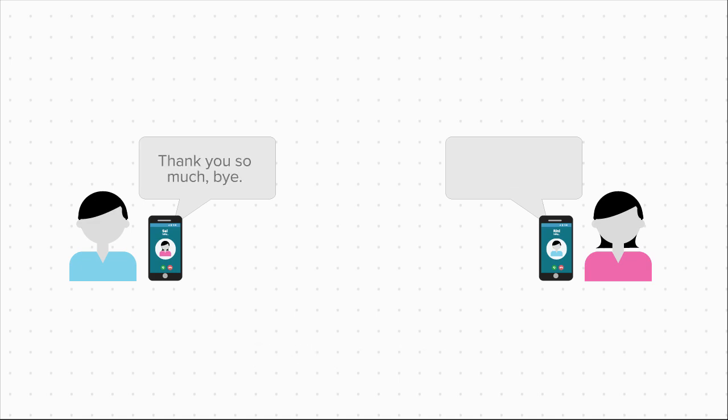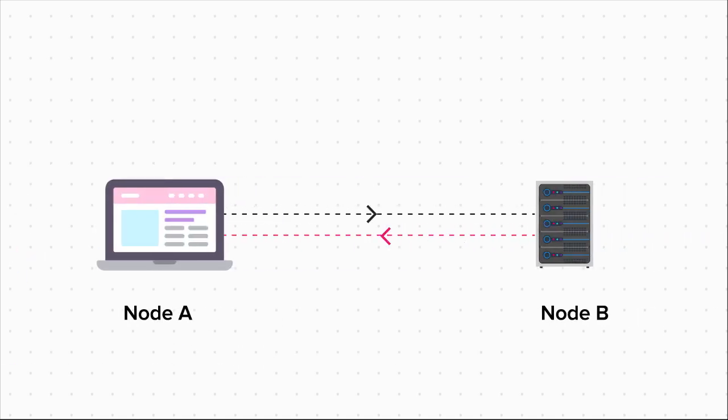When the conversation is over, I say, "Thank you so much, bye." And my friend replies, "Okay, bye." This here denotes the end of the conversation, also called the termination of session. So, we can say that sessions are information signals sent from, let's say, node A to node B. It lets node B know that node A wants to communicate with it.